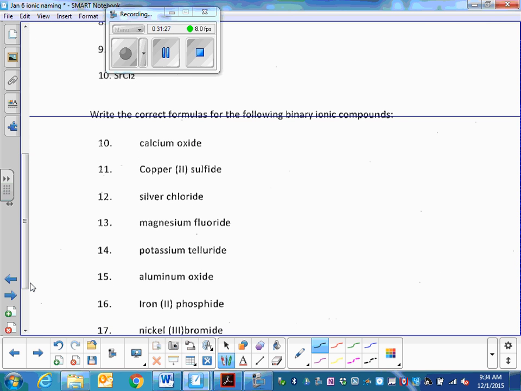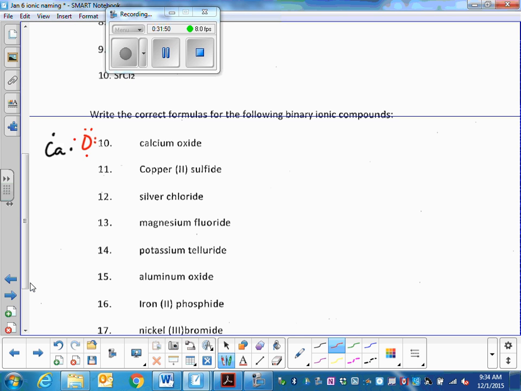We will see how to get from the name to the formula. Now, this is the concept. This is not how you arrive at formulas. Calcium has 2 valence electrons. Oxygen has 6. Do they combine in a 1-to-1 ratio? Yes.